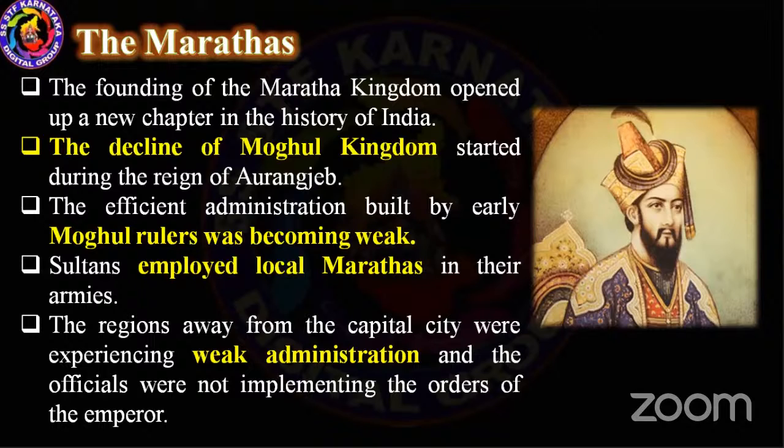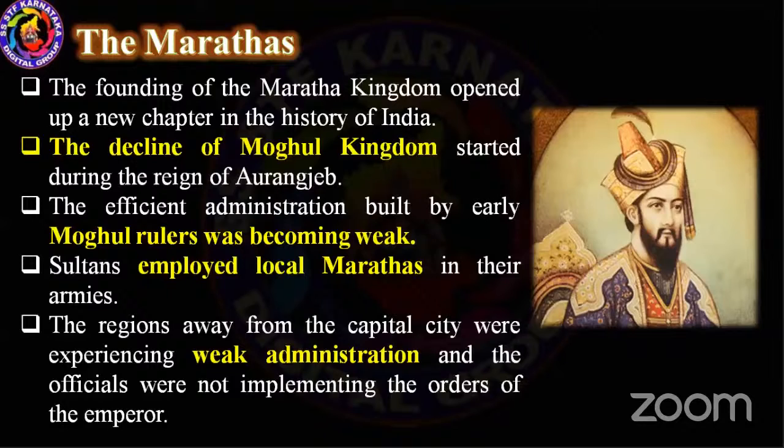The rulers were ruling from Delhi, and those who were far away from Delhi did not show interest in implementing the orders of the ruler. Because of all these incidents, the entire Mughal Empire was becoming weak.